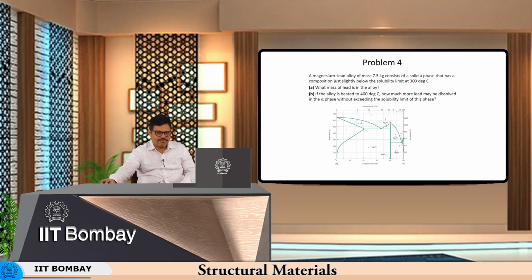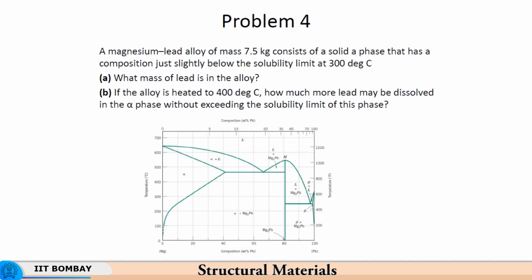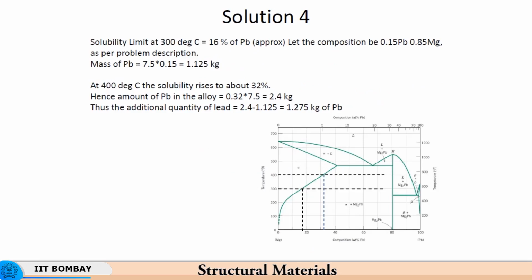That is the first question. If the alloy is heated to 400 degrees centigrade, the solubility of lead in magnesium increases. How much more lead would be dissolved in the alpha phase without exceeding the solubility limit of this phase? That is what we are going to find out now.